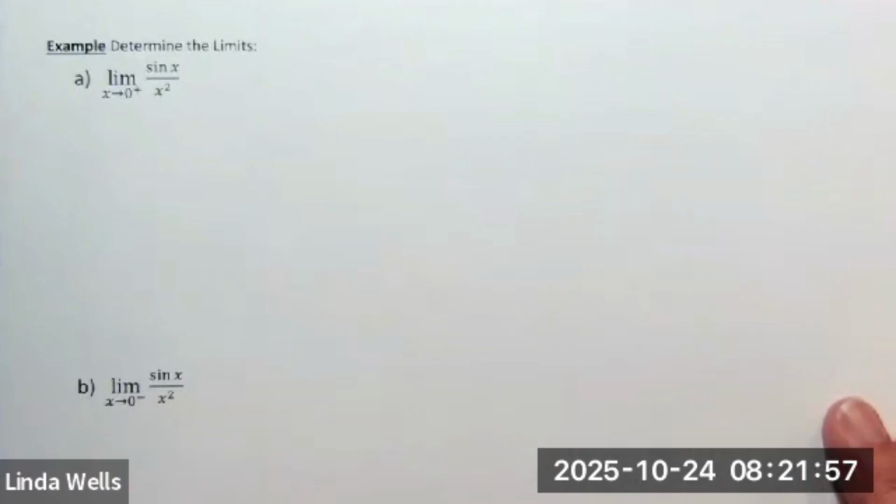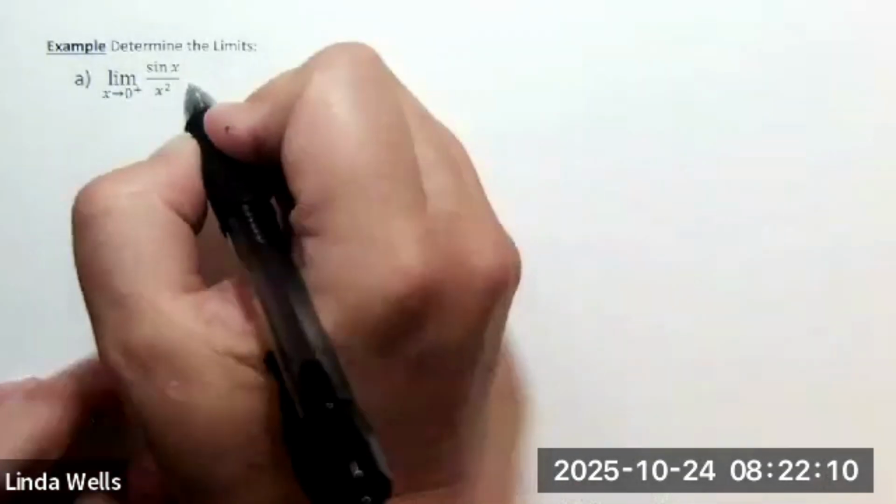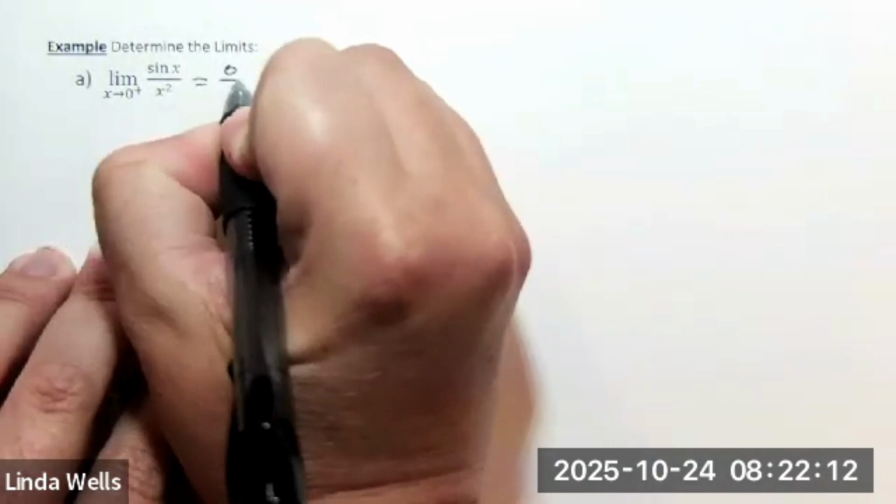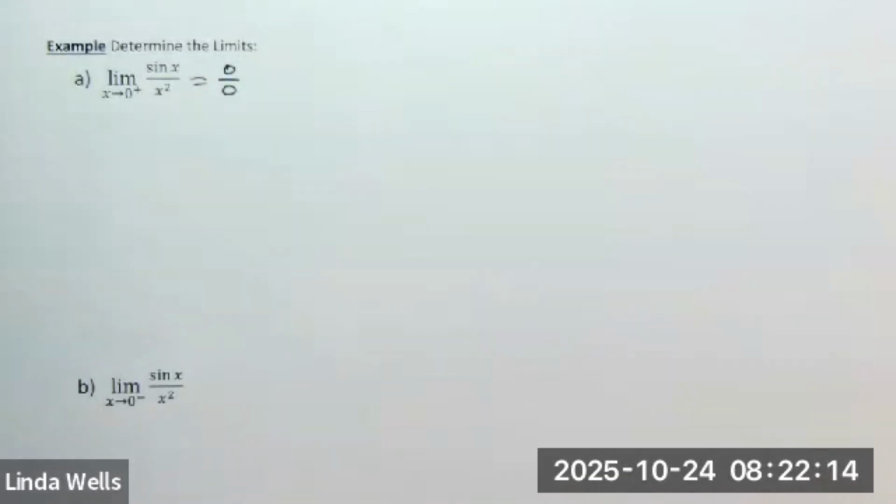All right, so here we have some limits that are one-sided limits. We did one-sided limits before. You still start off the same, don't you? How do you find a limit that's even one-sided? You still plug it in. What happens if I plug in 0 here? 0 over 0. Uh-oh. What does that mean? L'Hopital.